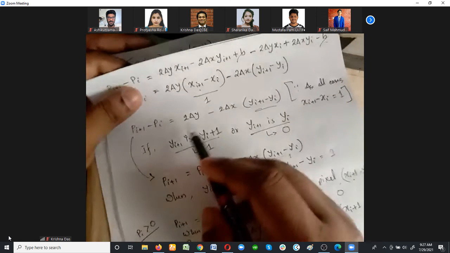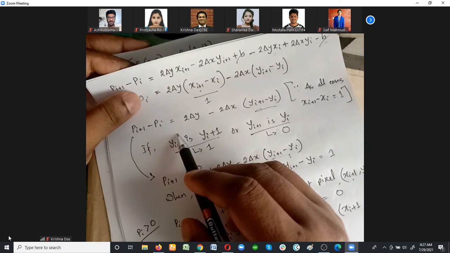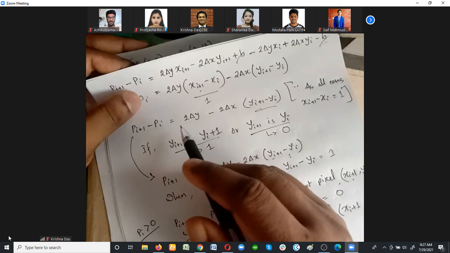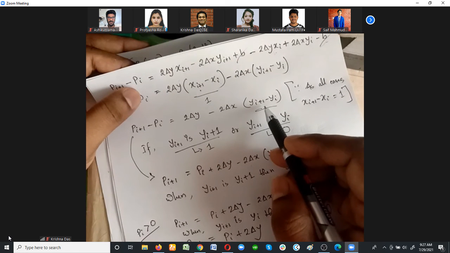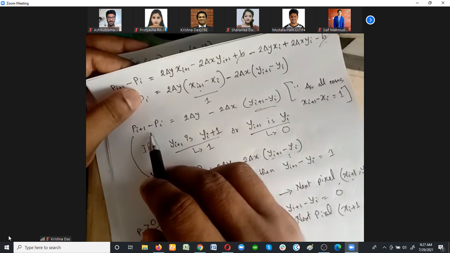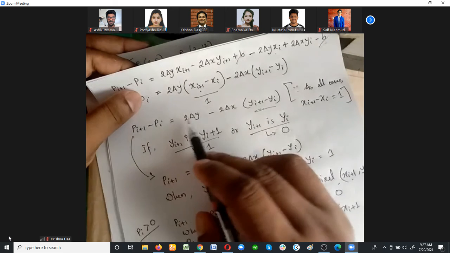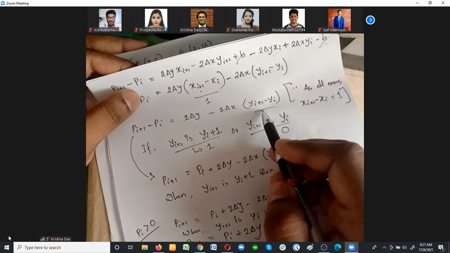If you consider del y is greater than del x, and the right side, the whole portion of 2 del x into y plus that portion is smaller or greater than the 2 del y, then pi plus 1 minus pi can be negative as well. If you are talking about this being negative, it will come from that scenario, right? Yes sir. And it can be either 1 or 0, right?